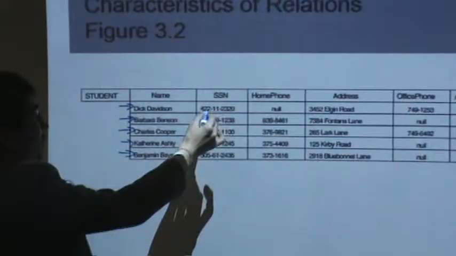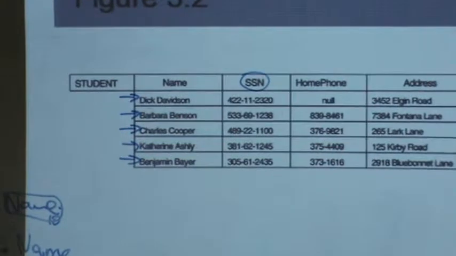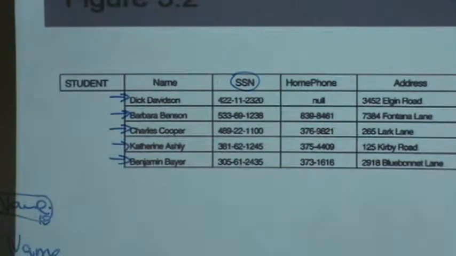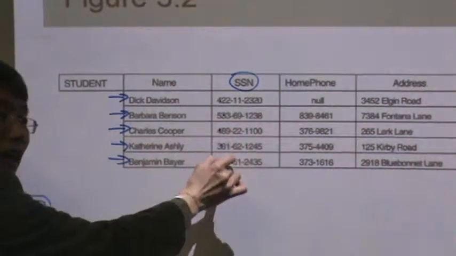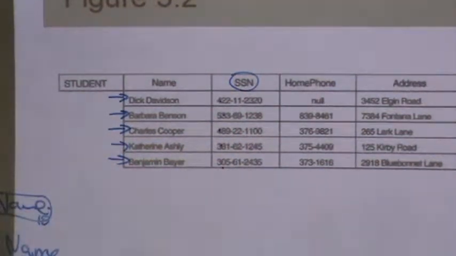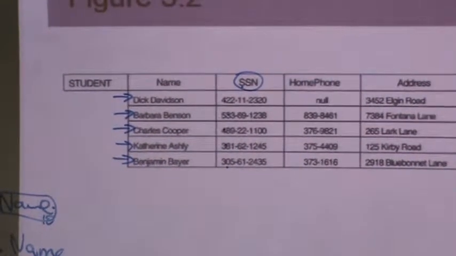For example, social security number. Using the social security number, we can identify the specific data, the specific row. Right? This is called a key attribute.